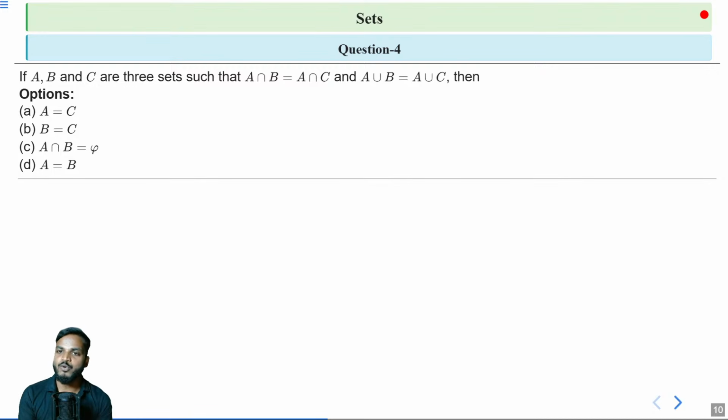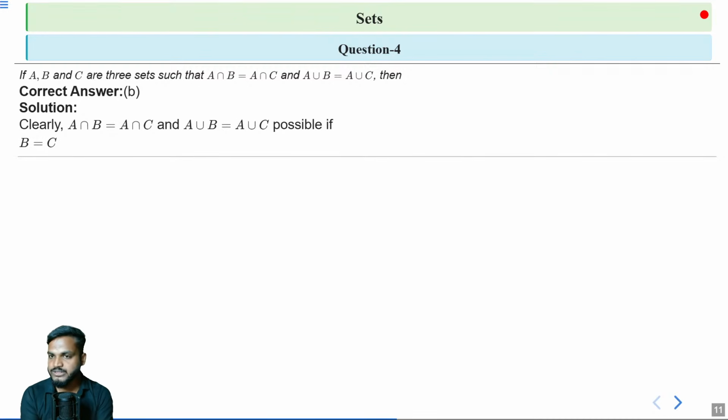Now we have to tell whether A is equal to C, or B is equal to C, or A intersection B is an empty set, or A is equal to B. We have to tell which option is correct. The given condition is A intersection B equals A intersection C, and A union B equals A union C.